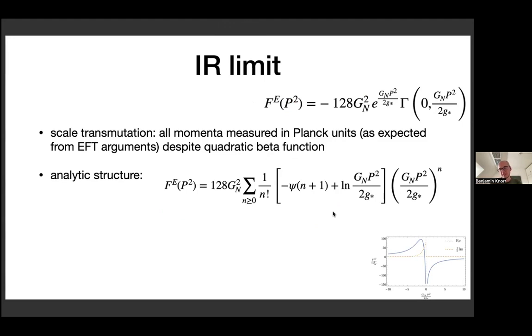And the variable is G p squared over g star, right? Exactly. So you see that also here in the exponential and in the incomplete gamma function, this is the true argument if you want. It neatly comes packed into this factor. A priori the variable is p, but p is dimension 4, so you need a dimensionless quantity. Thank you. But yeah, this is something like a Taylor expansion, just that I would not call it a Taylor expansion because it has a logarithm. Okay.